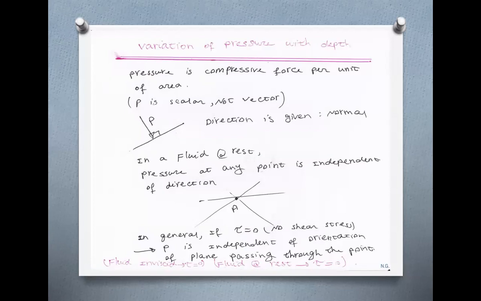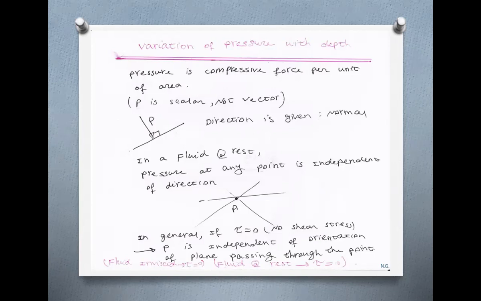Now the third question comes. When can you claim shear is zero? No motion, no friction. If you are talking about, for example, water in the tank, no motion, no friction. Even if water is viscous, if there is motion, there will be friction within the water, between the layers of water.